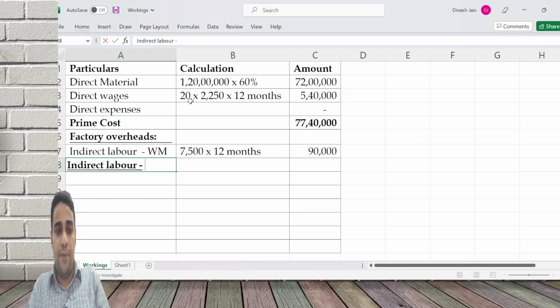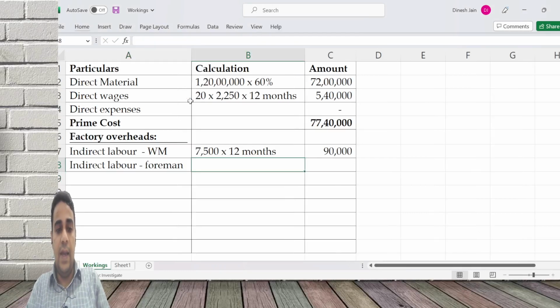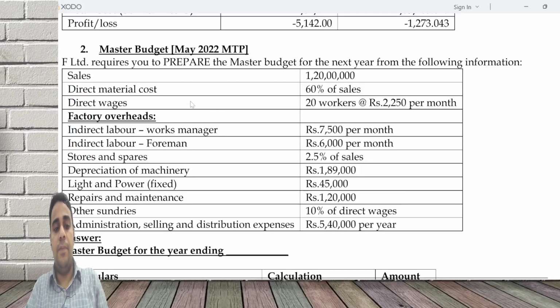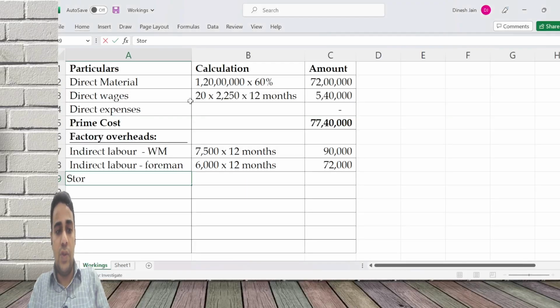Indirect labor, foreman. If there is any place where explanation is needed, I'll give it. These are fairly simple adjustments. Stores and spares, 2.5% into sales.